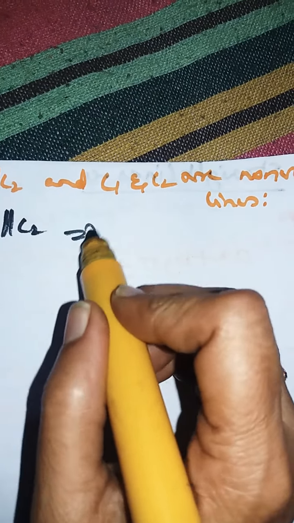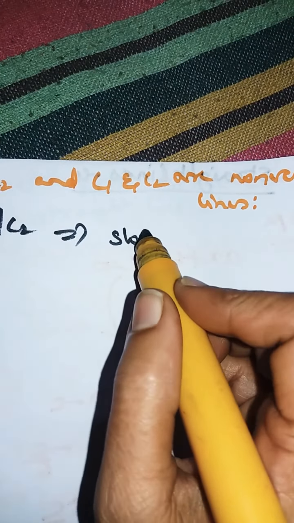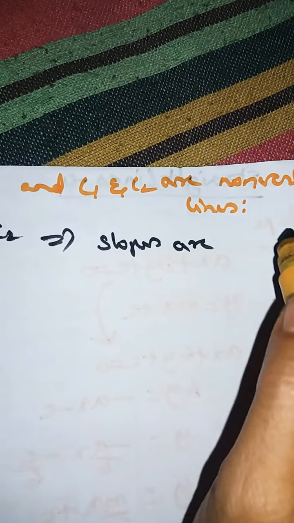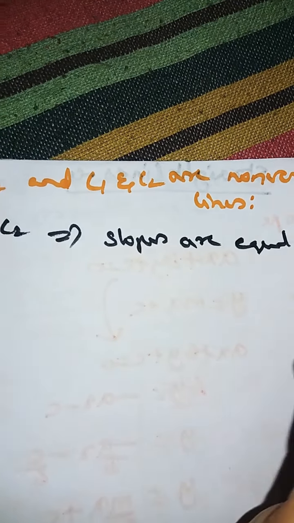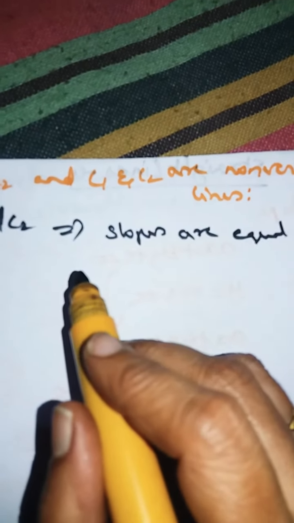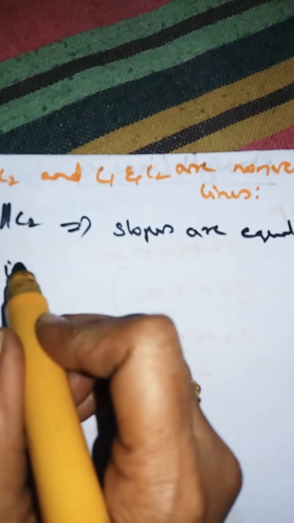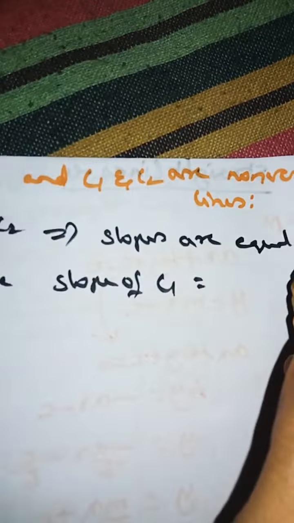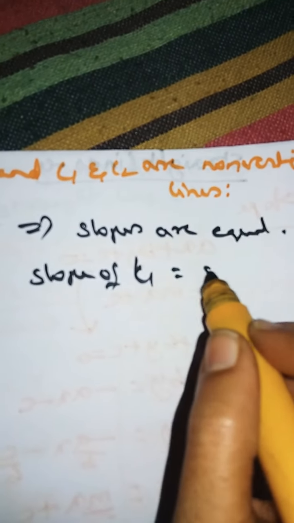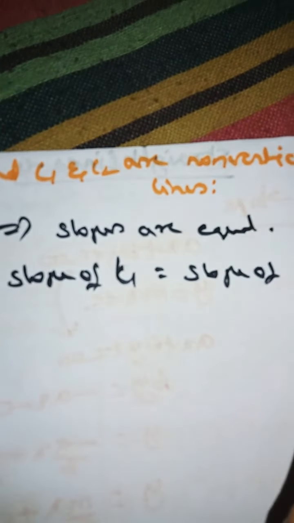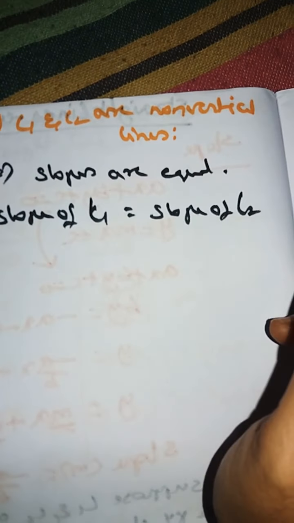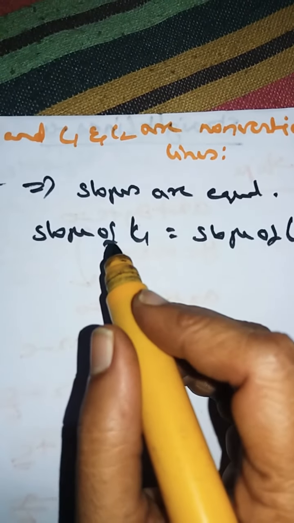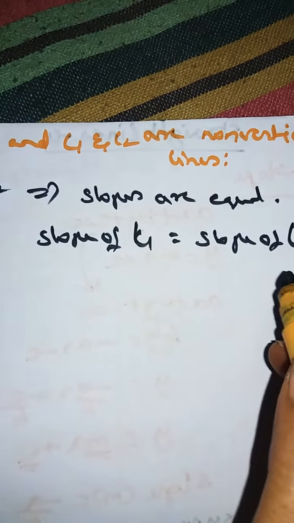When two lines are parallel, we know the concept is that the slopes are equal. So the slope of line L1 is equal to the slope of line L2.